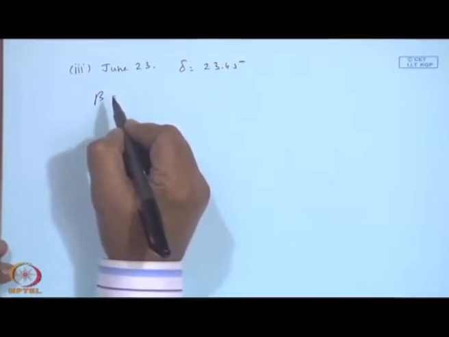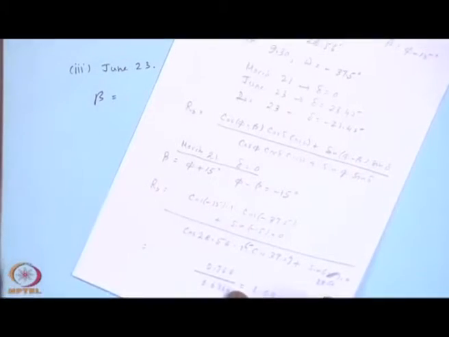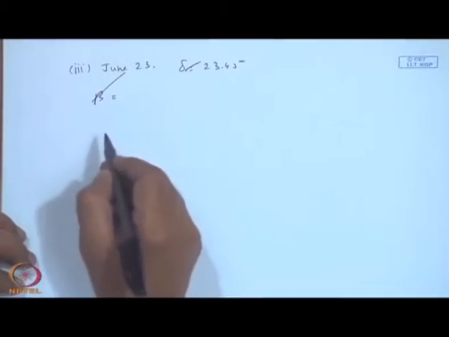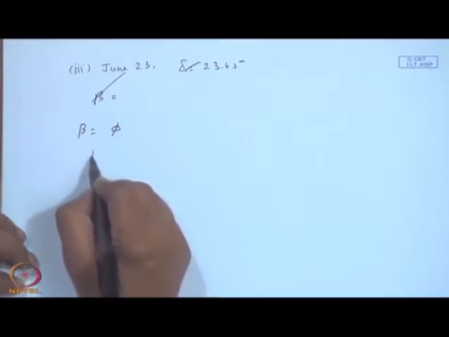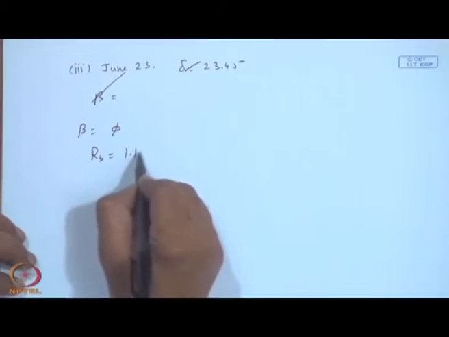So, when beta is equal to phi, your RB is 1.138.